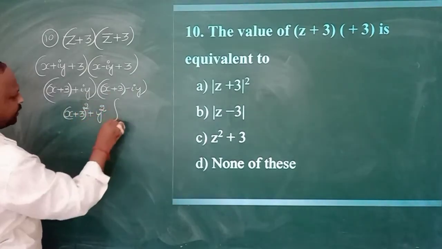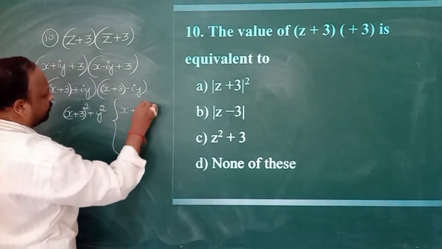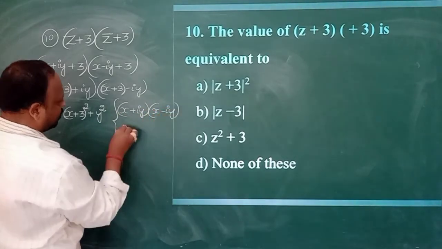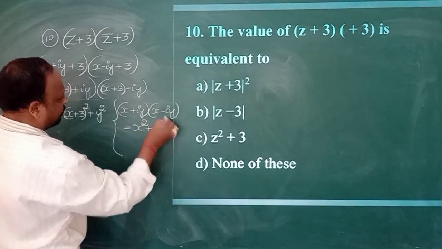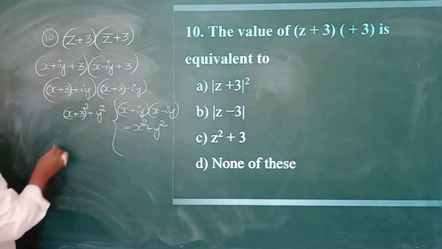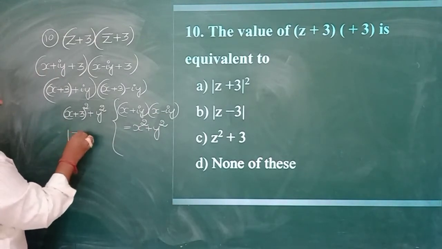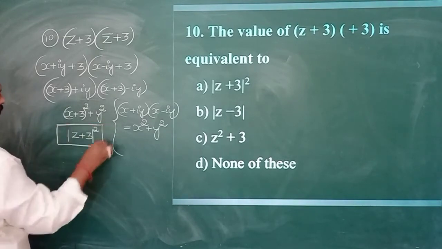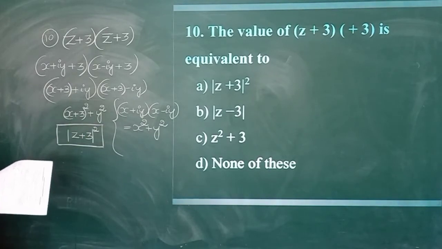Why? Because x plus iy into x minus iy is always equal to x square plus y square. This is a formula. So here this can be written as modulus of z plus 3 whole square, because modulus of z plus 3 means x plus iy plus 3.